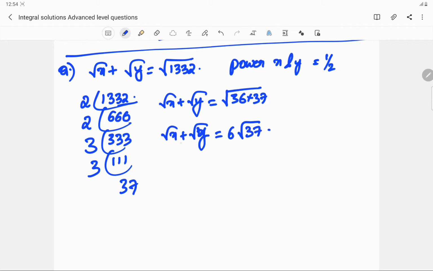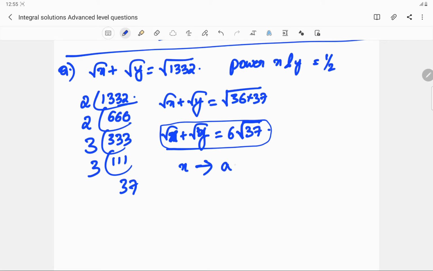Now for this equation to be valid, because root 37 is irrational, we need to have a root 37 in the left hand side of the equation also, only then this equation will stand.